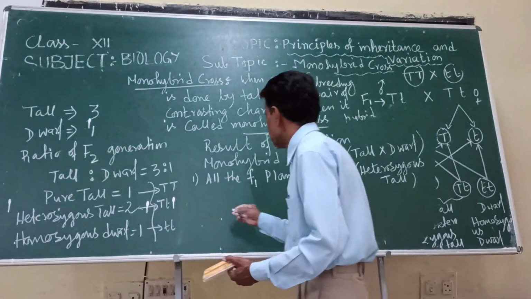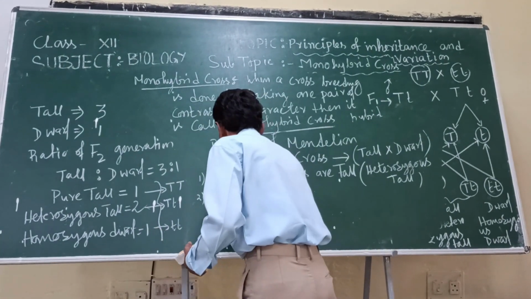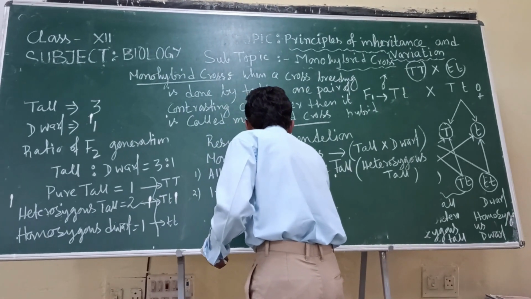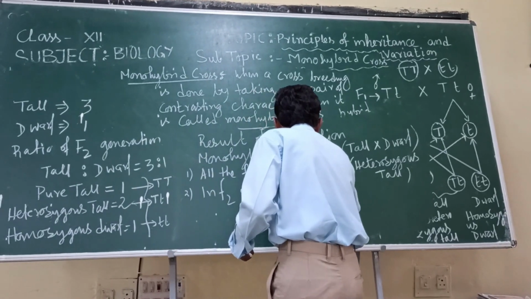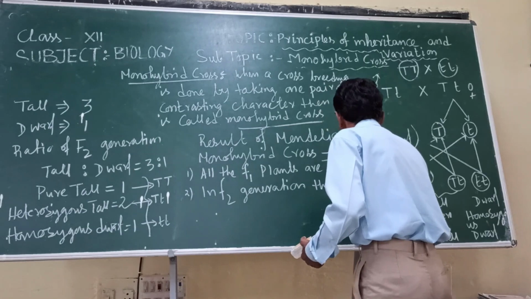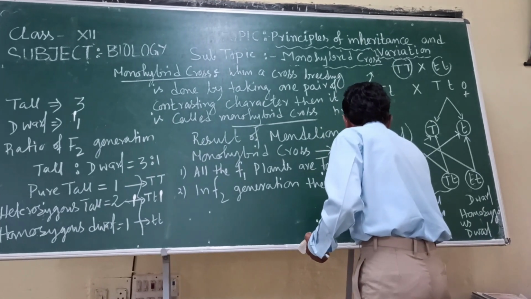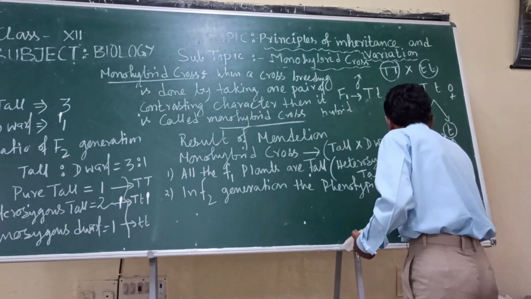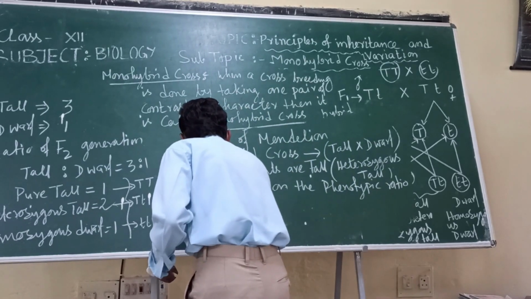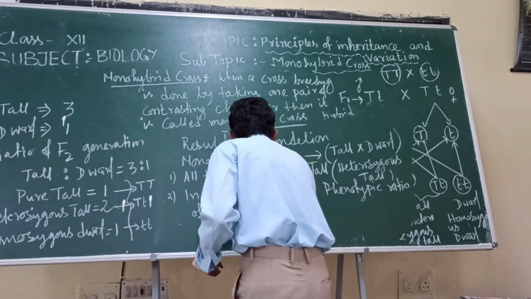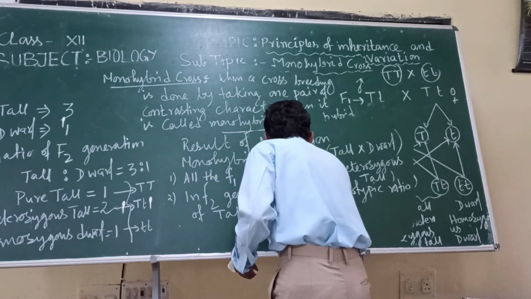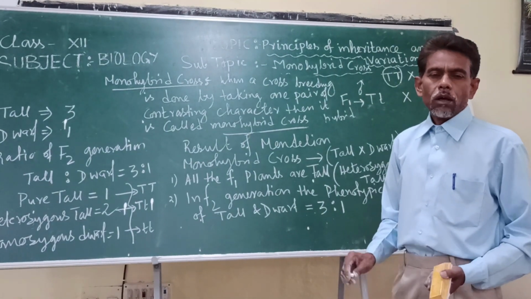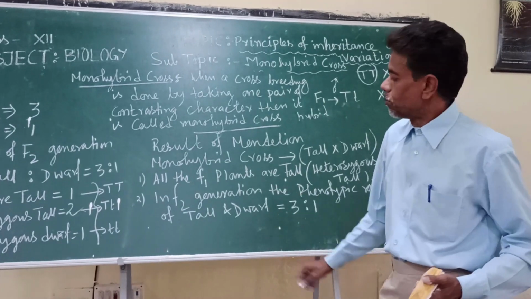What about the next property? In the F2 generation, the phenotypic ratio of tall and dwarf is equal to 3:1, meaning for 3 tall plants, 1 dwarf plant.